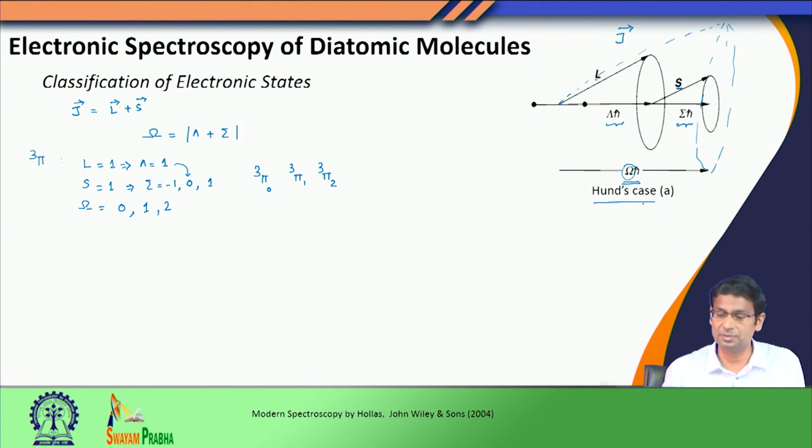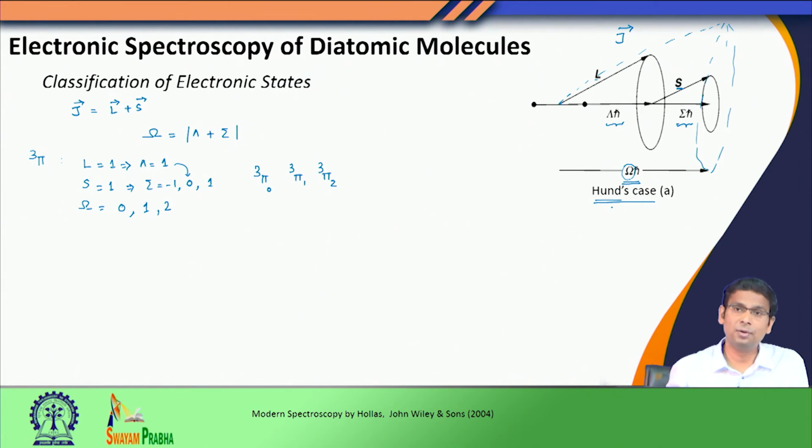Considering all the different possibilities, Hund outlined 4 different cases. They are called Hund's case A, B, C, and D, which describe different conditions, but Hund's case A is most prevalent, which says that the orbital angular momentum is strongly coupled to the electrostatic environment of the nucleus.